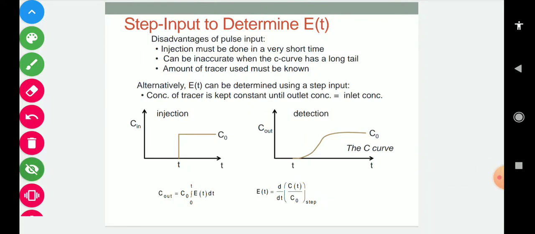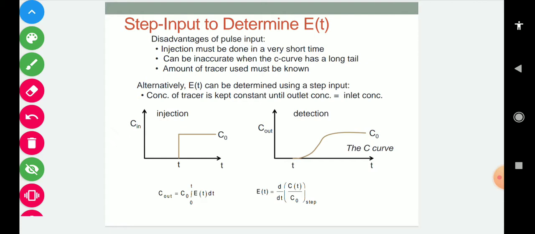So in the previous slide we used pulse input. We can also use step input. In pulse input we give a pulse of tracer, but on the other hand in step input we give a step injection, like this. As you can see in this graph, it's just a step, and that step is continuous. There are several disadvantages of pulse input. One is injection must be done in a very short time.